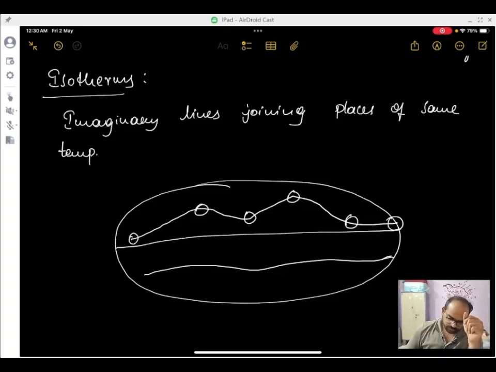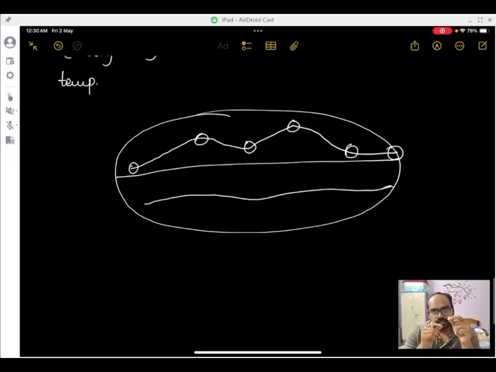And in the southern hemisphere, these isotherms are more or less parallel to latitudes because 70 to 80% of the southern hemisphere consists of oceans only, and the entire ocean has almost uniform temperature. So if you join all the points in the southern hemisphere, they are almost parallel.